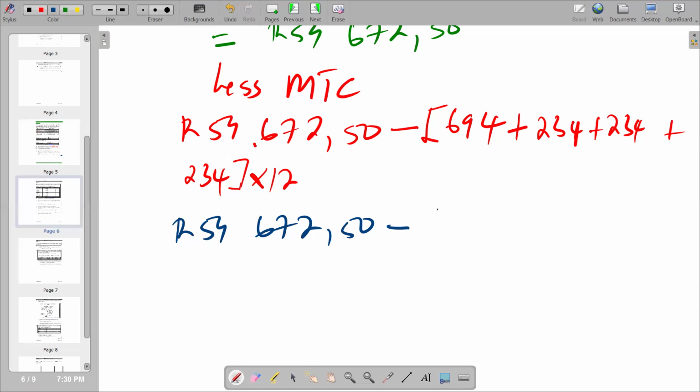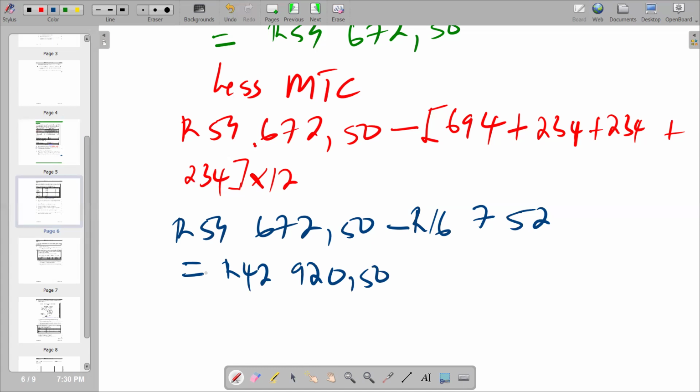We're going to get 16,752. So if you say 59,000 subtract 16,752 rand, your answer is 42,920 rand 50 cents as an annual figure.